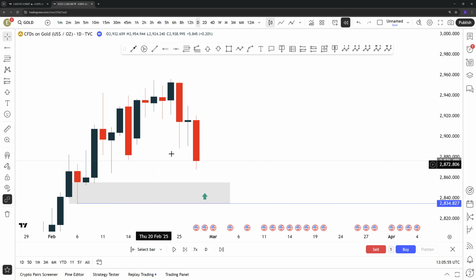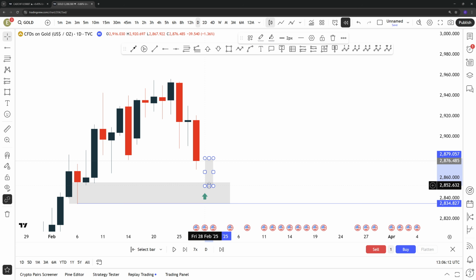We are on the daily time frame right now. So when we move on to the lower time frame, we can see that here, this is Thursday, the 27th of February. So our trading area will be on this candlestick here. When price touches this area here, this is where we should be looking to go long on that day.